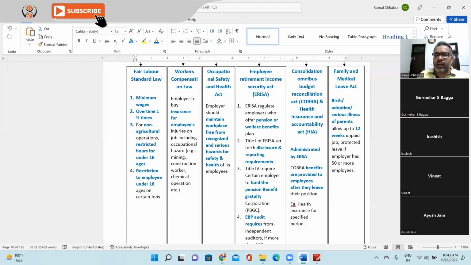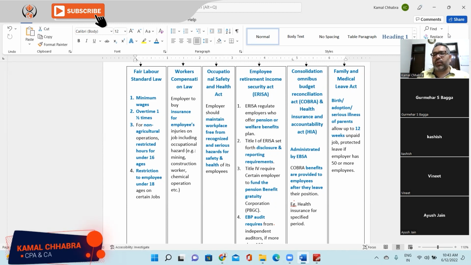There are certain restrictions for labor under the age of 16 working in the non-agriculture sector. In the agriculture sector they can work full day, but in non-agriculture they cannot work for more than 40 hours in a week or 6 hours in a day. So all those kinds of restrictions are there.